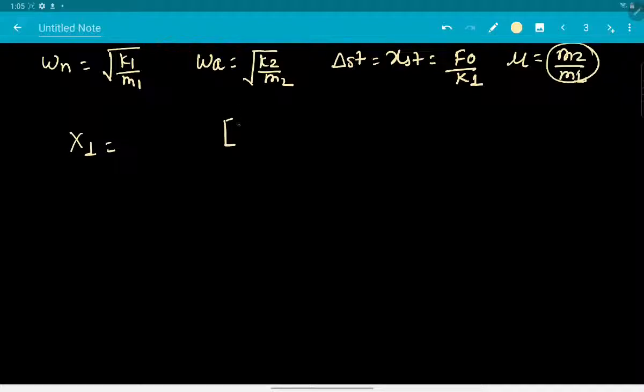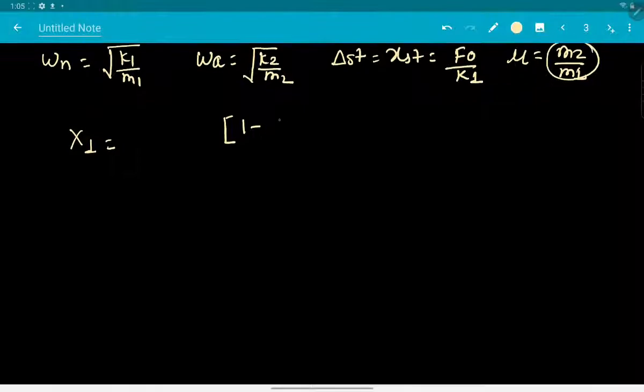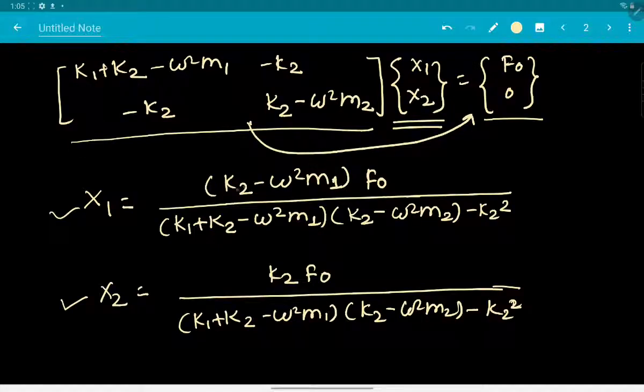It comes out to be like this: 1 minus omega by omega a whole square, where this omega a is the square root of k2 over m2. So we actually have omega a square in the denominator, which you can see from here. If you take k2 out from this, then you get to see here m1 by, yeah, m1 by, yes, I have made a mistake. It should have been m2.